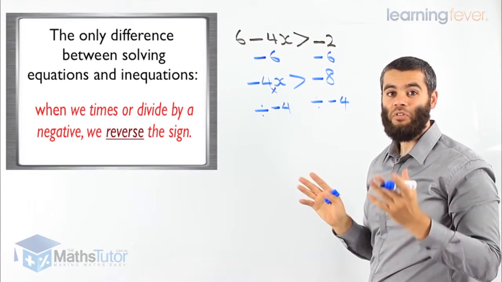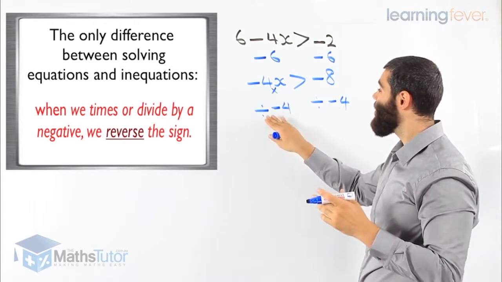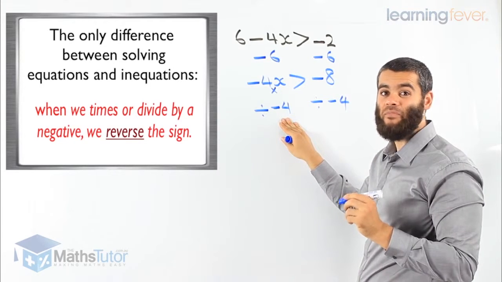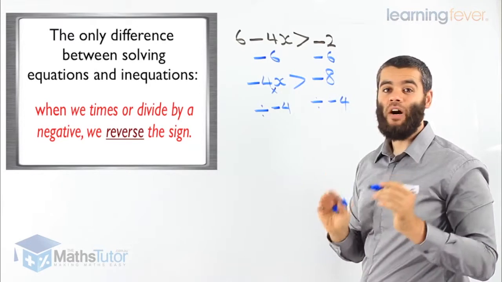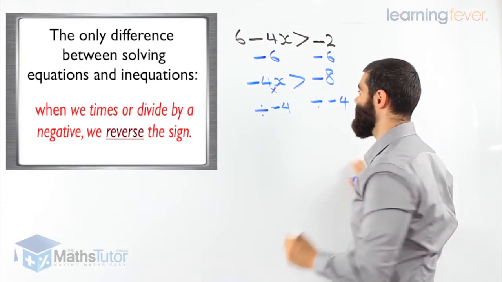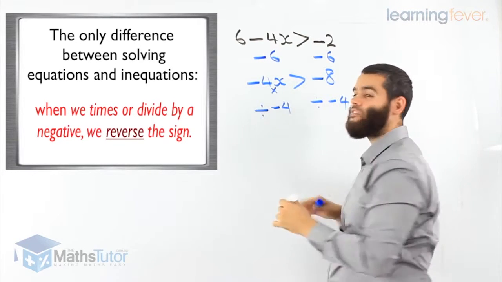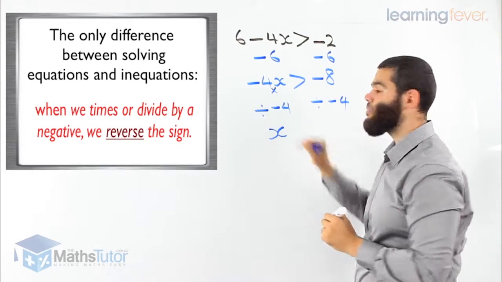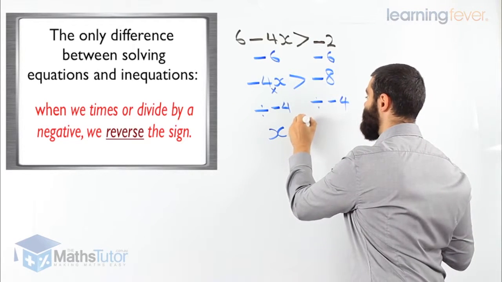Now, the rule says when you multiply or divide by a negative, guess what? We are dividing by a negative. Whenever you can identify that, that's why I say always zoom in, always concentrate. When you multiply or divide by a negative, the sign will reverse. Negative 4 divided by negative 4 is just positive 1, so basically 1x.